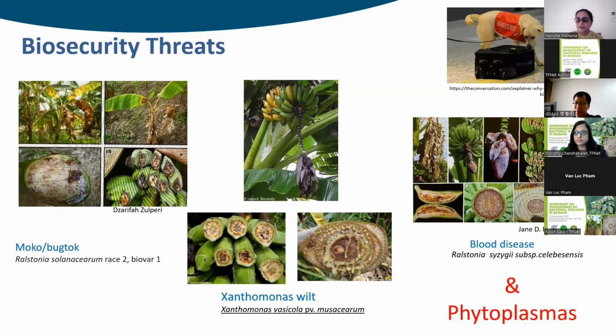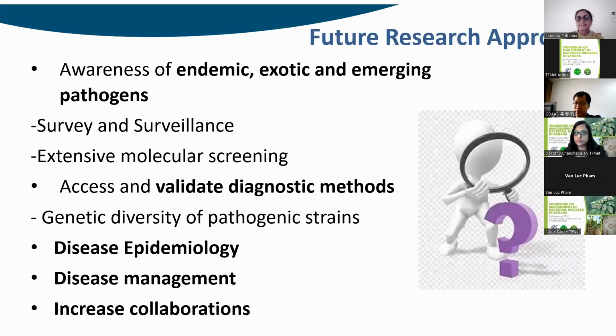industry. Next slide, please. So the future research approach of the banana industry is to increase awareness of endemic, exotic, and emerging pathogens through increased survey and surveillance and extensive molecular screening, and to increase access to and validate diagnostic methods to identify the genetic diversity among pathogenic strains.